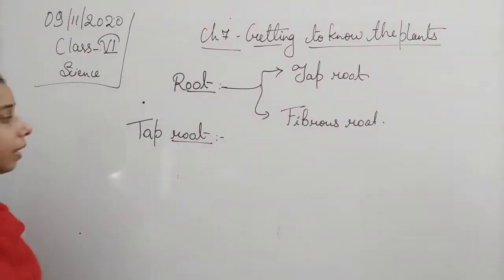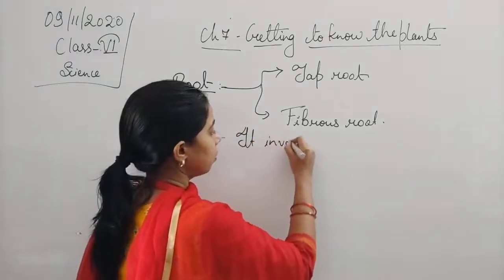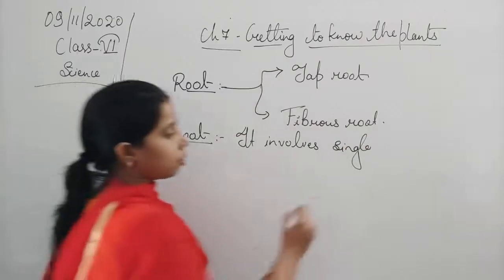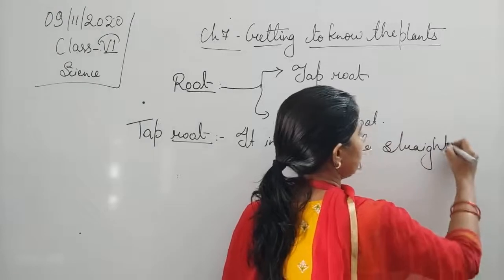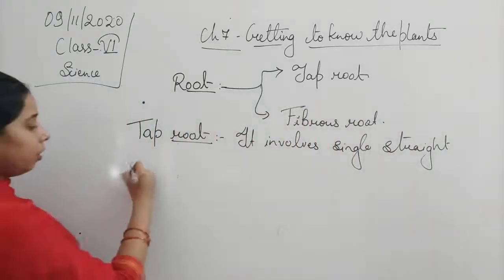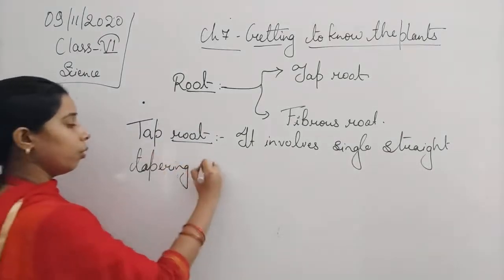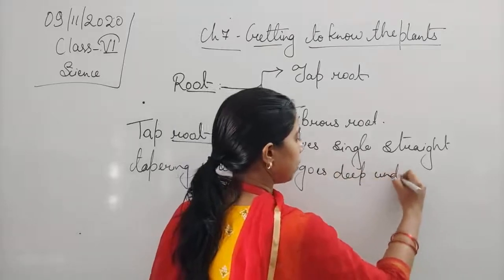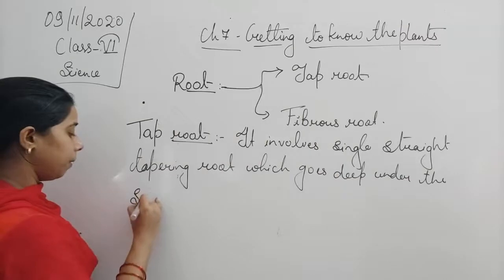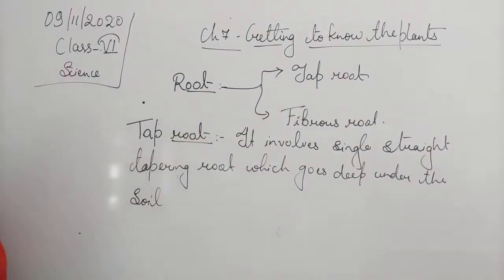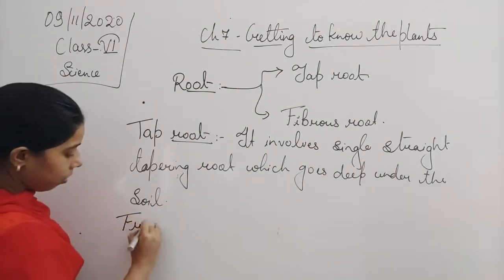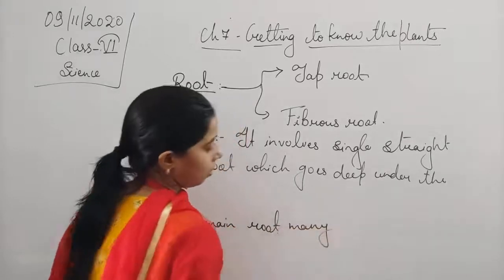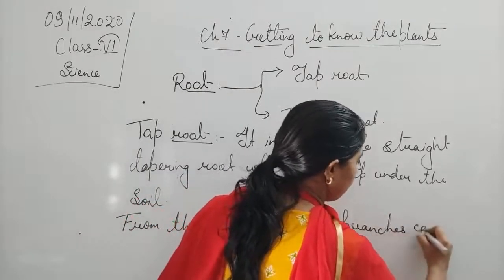Okay, so we can say that it involves a single straight tapering root which goes deep under the soil, and from this main root, many branches come out.